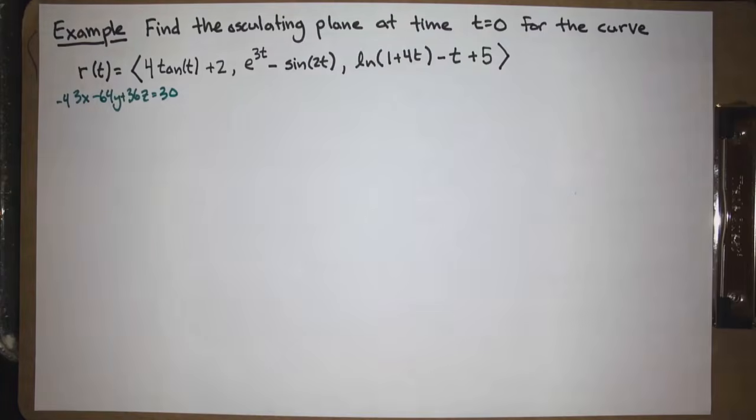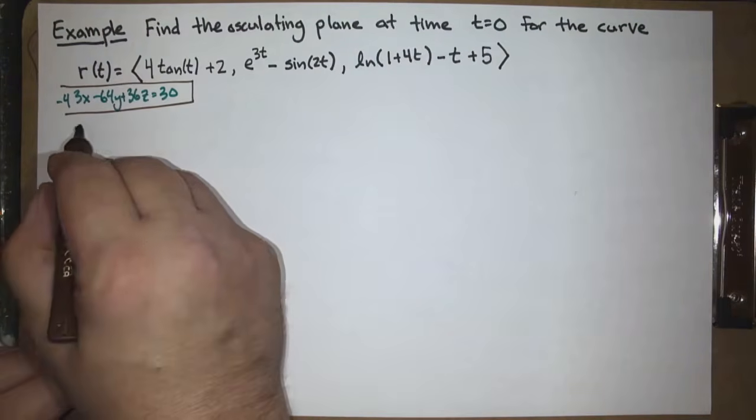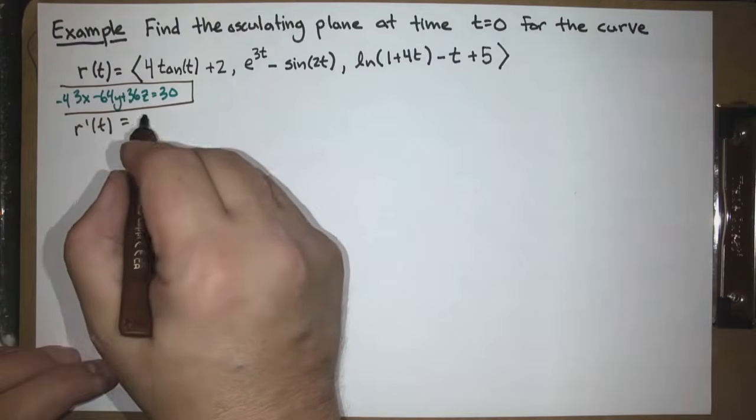So this is a popular question. The reason it's popular is because it tests you on a couple things. You have to take the derivative and the second derivative. You have to understand plugging things in. You have to do a cross product. So that's a guess. I don't know because I don't think I've actually done this one.